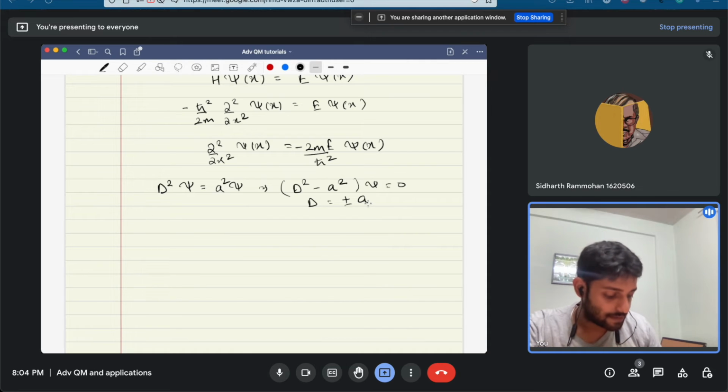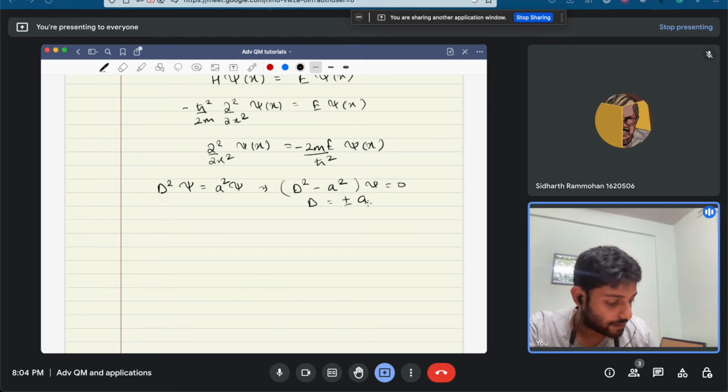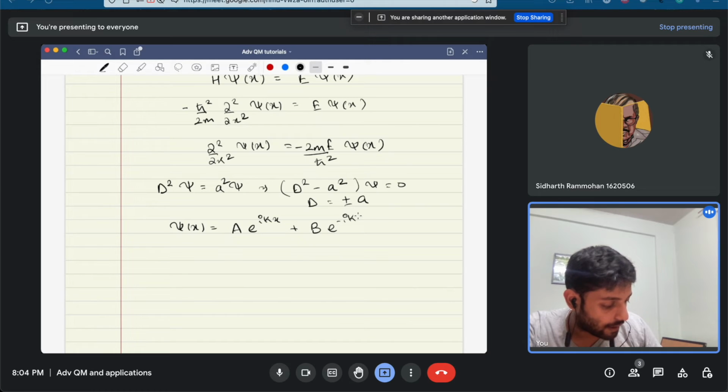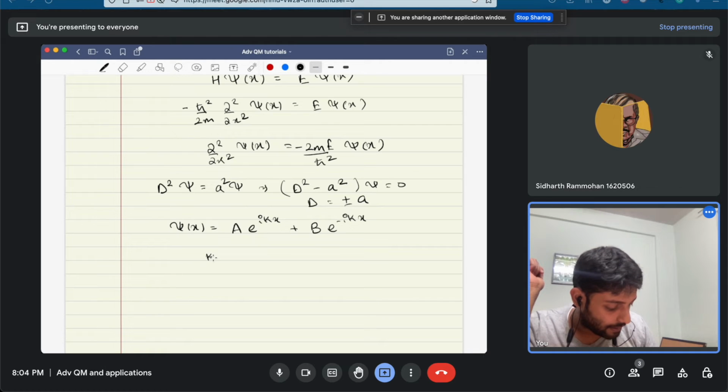Now, using that same thing here, we get that the wave function psi of x can be written in the form A e to the power i kx plus B e to the power minus i kx. So this is, you can say, a general form of the wave function, an ansatz. And here the k essentially is root over 2mE by h bar square.